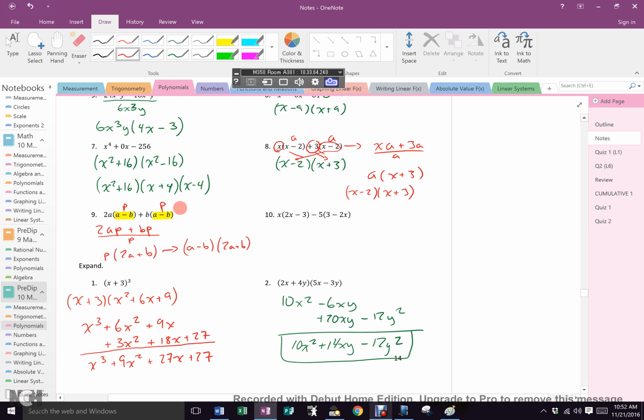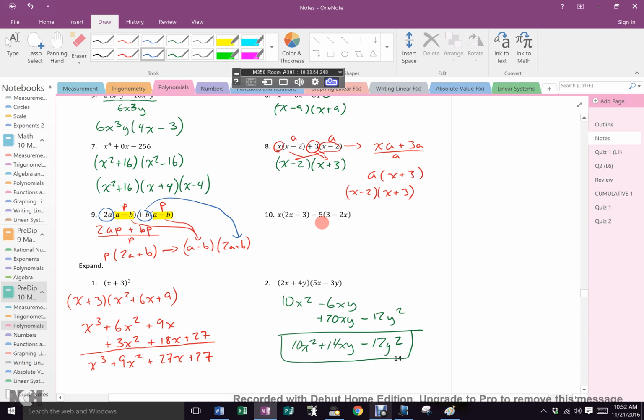But that only works when they're exactly the same, right? The A minus B became one of the factors, and what was left outside became the other factor. Because really, I don't even need to substitute. If I divide that by A minus B, it's going to move out, right?